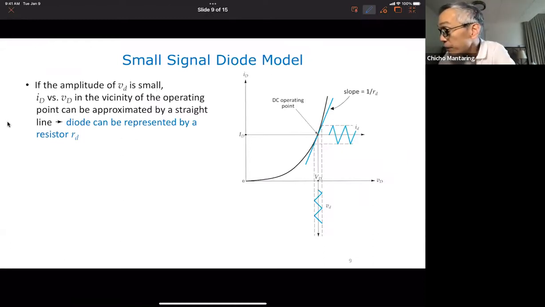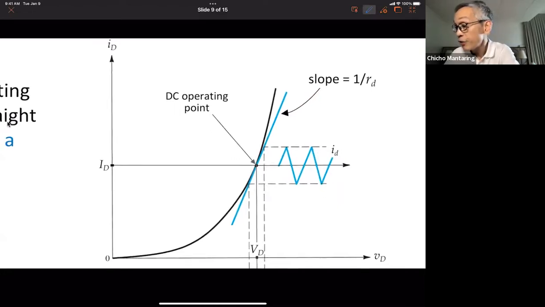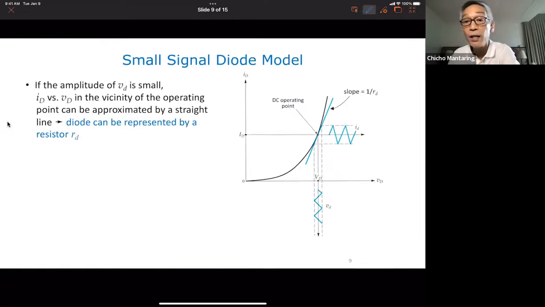In other words, if I blow this up, here this is actually a curve, but between this point and this point, I can approximate it with the blue line. And that blue line has a slope which is 1 over r sub d, small r, small d. That is the slope of the blue line.